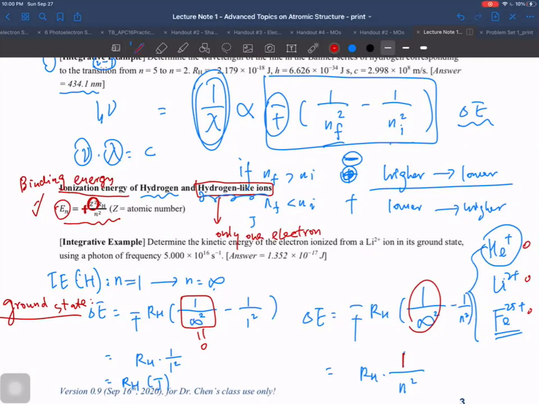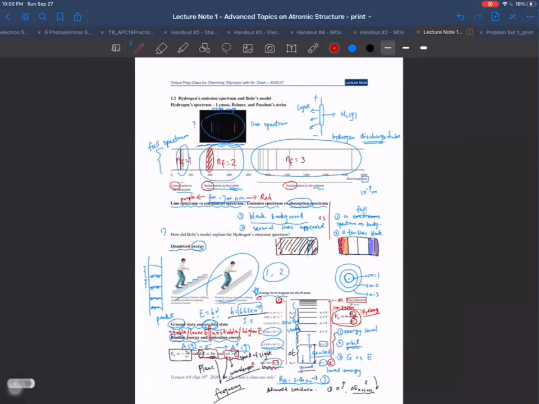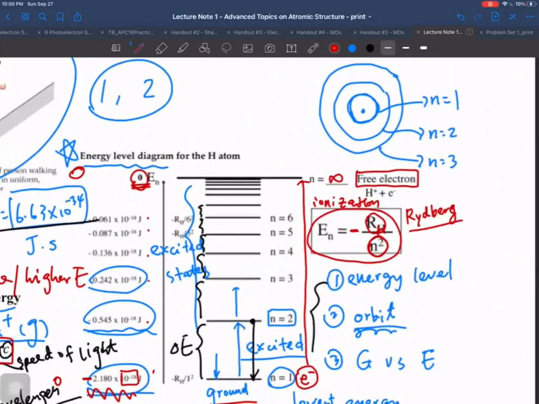Does this equation make sense to you? Yes, I have a question. Yeah, go ahead. Why did we write infinity right there? Because it's ionization, right? Ionization means removing the electron from a certain energy level to infinity, to completely remove it. If you go back a little bit, we talked about this, right?